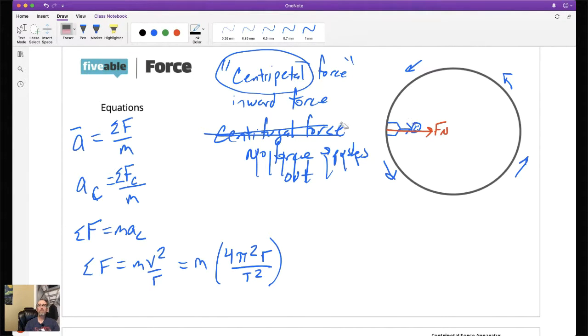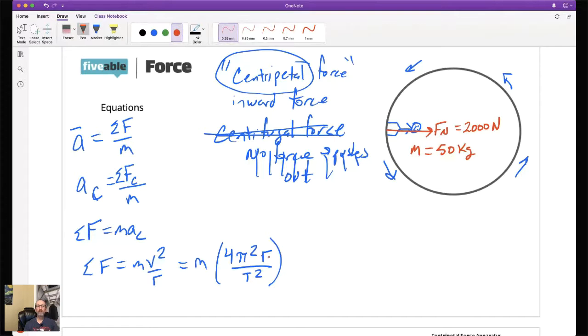And let's say that the mass of the person is equal to 50 kilograms, alrighty? So that would be our mass of the person. And the other thing that we know about this is, let's say that the normal force from the spinning of this thing is equal to, I don't know, let's say 2,000 newtons. So we have a normal force of 2,000 newtons. We know we have a mass of 50 kilograms.